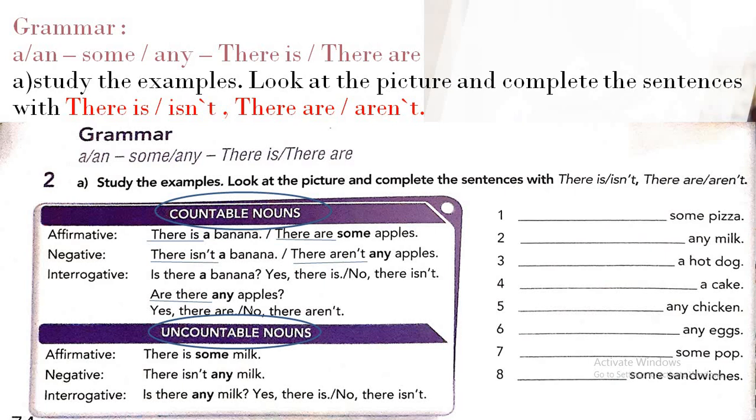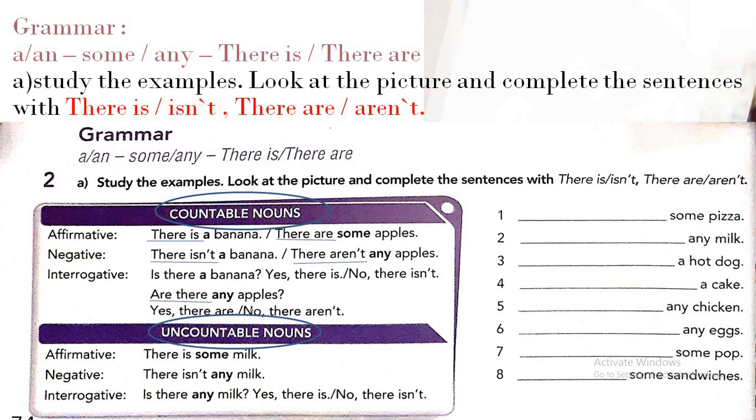With any, this is for affirmative. For negative, when you have any, make sure you use isn't or aren't. So again, you can pause the video and try to do the exercise. Don't worry if you make mistakes, because we are learning from our mistakes.